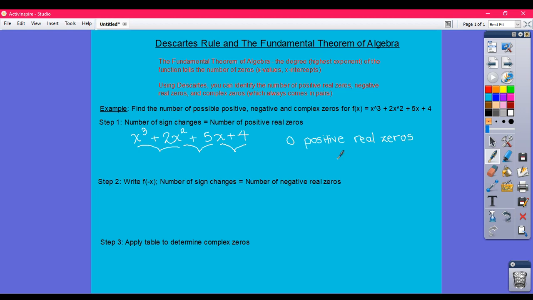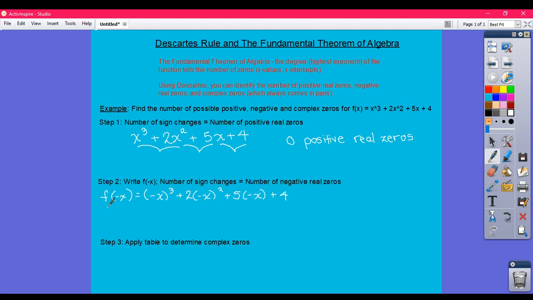Now, for step 2, we want to write f of negative x, meaning you want to change all the x's into negative x. So if I do that, negative x to the third power, notice that I'm writing all of the negative x values in parentheses so that the exponent can be assigned accordingly. What do I mean by that?